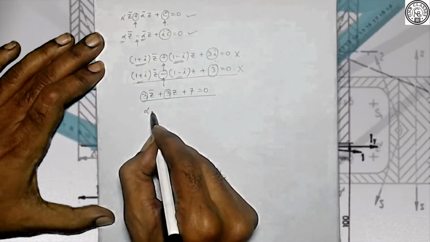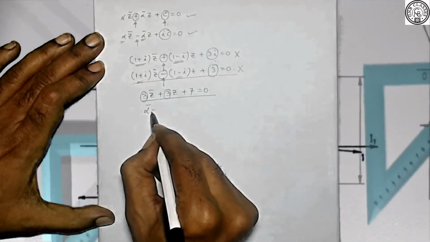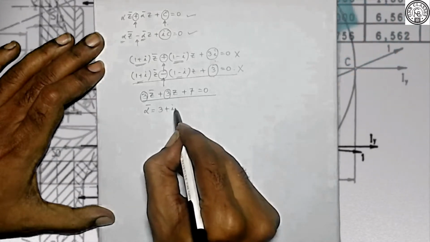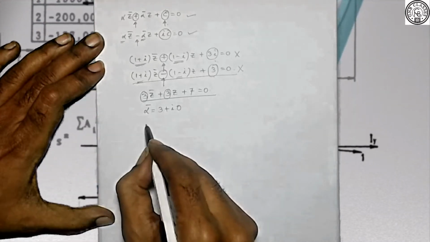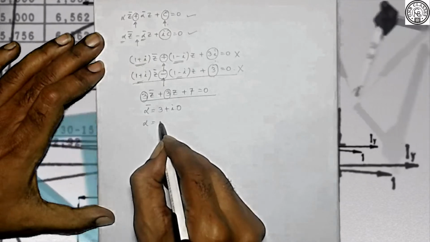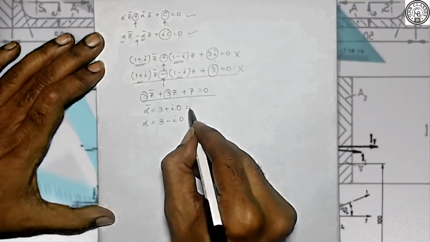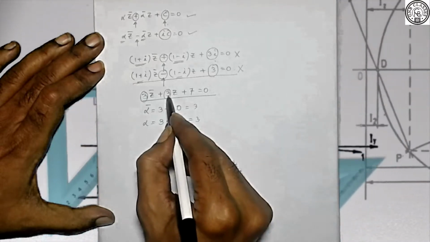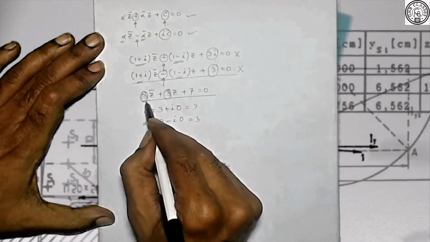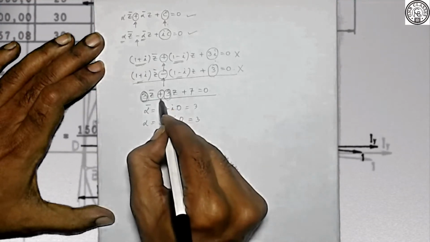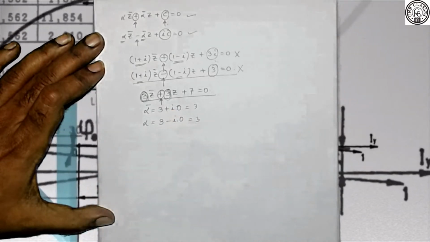If I treat this thing as my alpha bar, it is 3. 3 means what? It's iota into 0, right? So what will be alpha? Iota will be replaced by minus iota, which again gives you 3. So I can say this is the complex conjugate of this one. So the first condition satisfies. Second one is there is a plus sign in between.